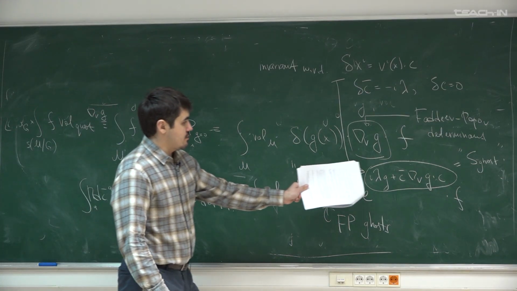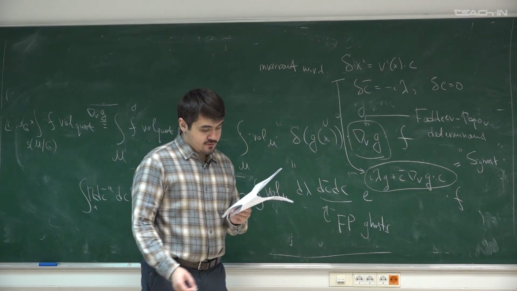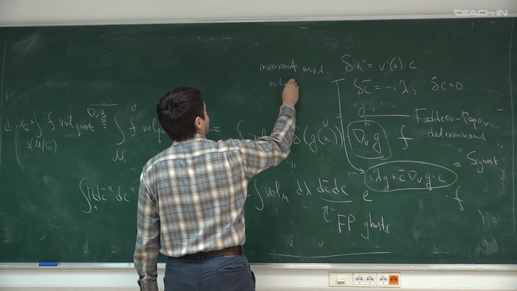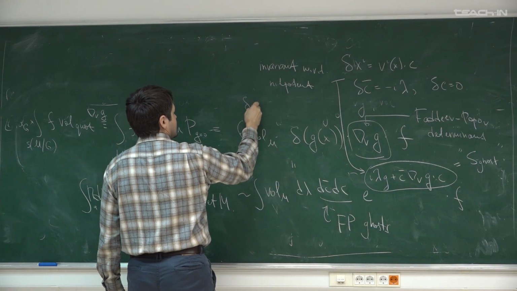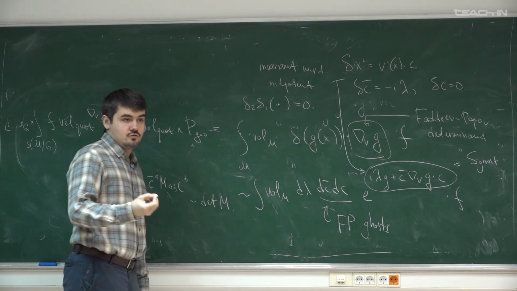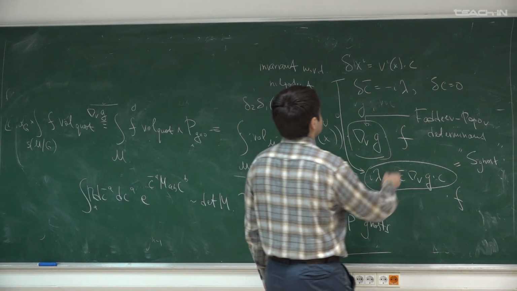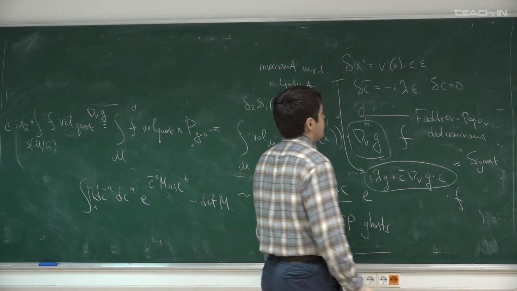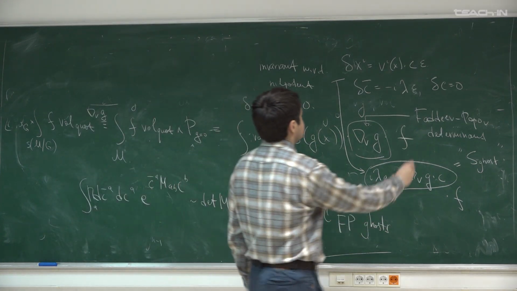The variations of these terms cancel each other, and this is a nilpotent transformation. Nilpotent means that delta 2 delta 1 of any variable is 0. So you do two variations with two parameters. Actually, there should also be some parameter epsilon somewhere. Epsilon is a Grassmann parameter, an anti-commuting parameter.